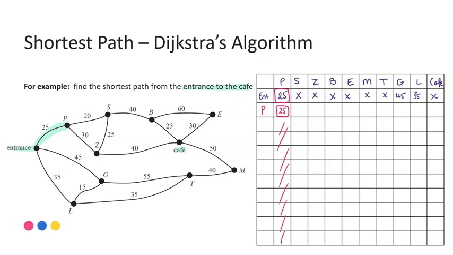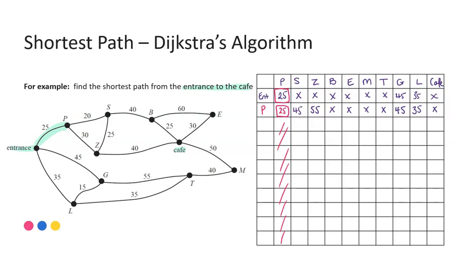So P to S is another 20, so that's 45 in total to get to S. P to Z is 30, so that's 55 in total, 25 plus 30. There's no connection to B, E, M, T, G, so we take the already established 45. No connection to L, so again, the already established 35, and no connection to the cafe.